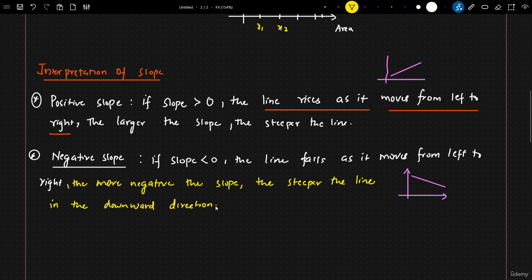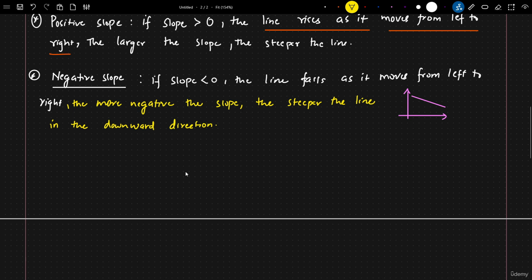Now this is basically called a negative slope. Here your slope will be less than 0. Now let's go to the third interpretation, which is called zero slope.